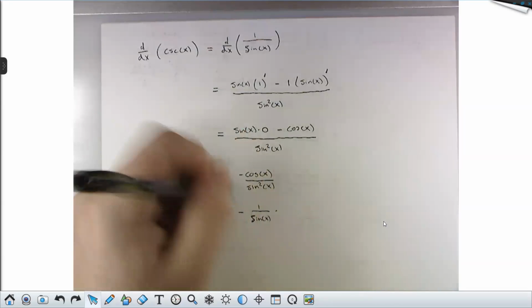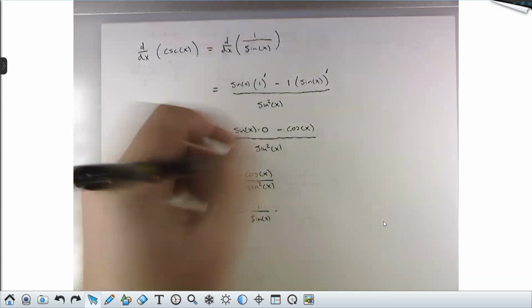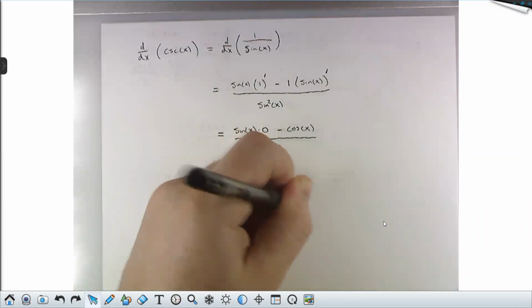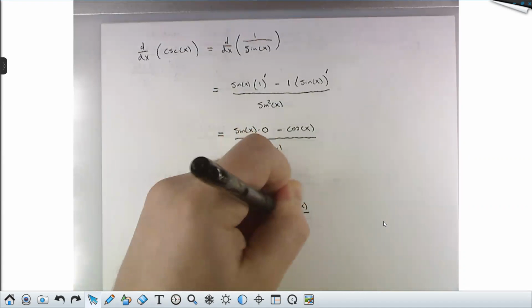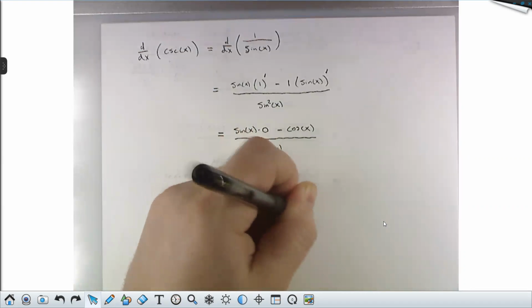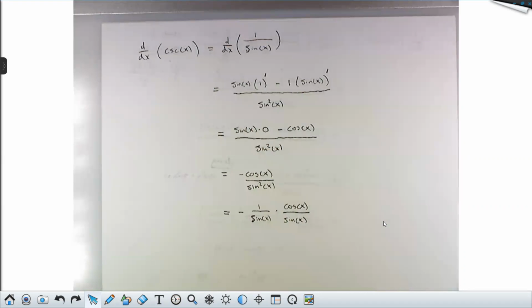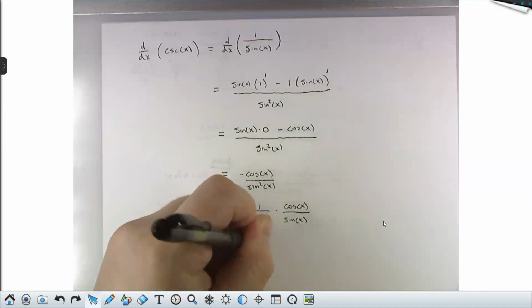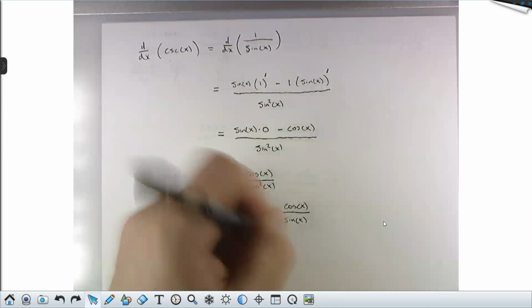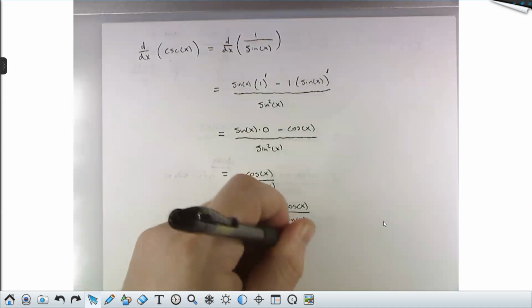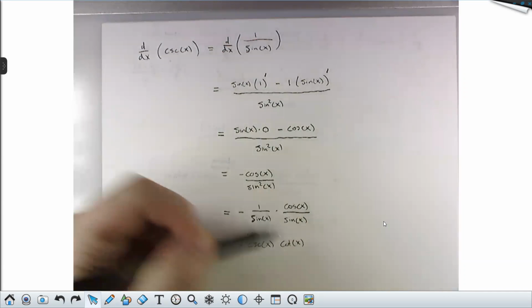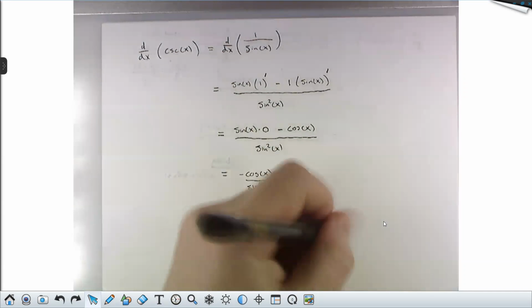So the negative is this negative, and then cosine over sine squared is 1 over sine times cosine over sine, right? That's how fractions multiply. They multiply straight across. And now that is negative cosecant x times cotangent x, right? 1 over sine x is cosecant x. Cos x over sine x is cotangent x. So that's that done.